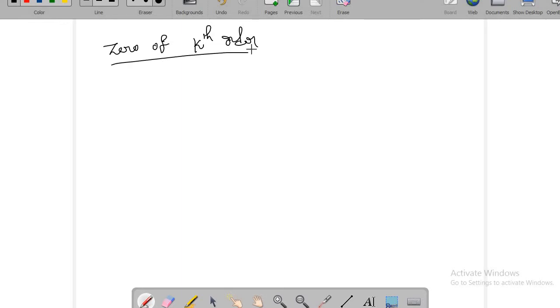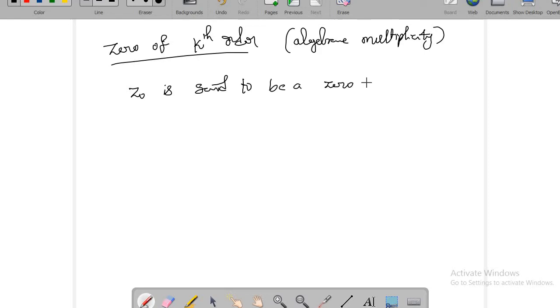In other words, you can call it algebraic multiplicity, or simply multiplicity. z0 is said to be a zero of f of kth order if f of z0 is 0.